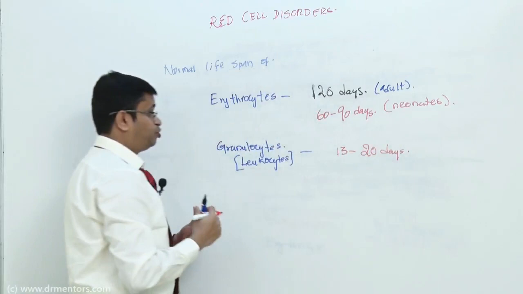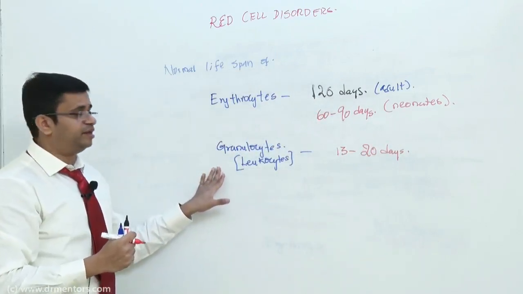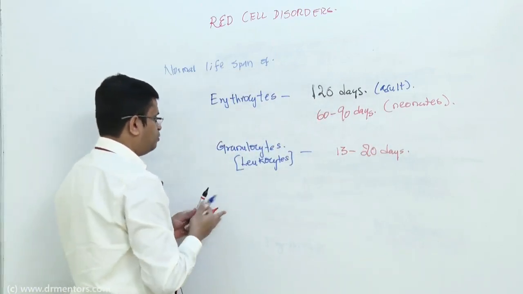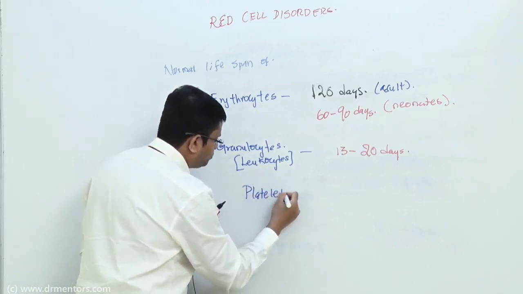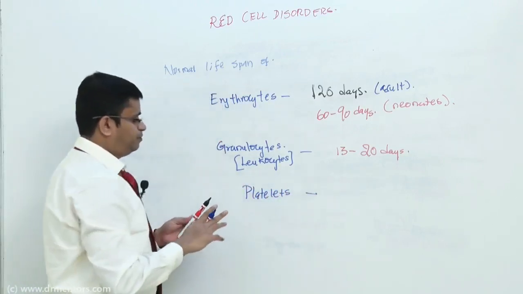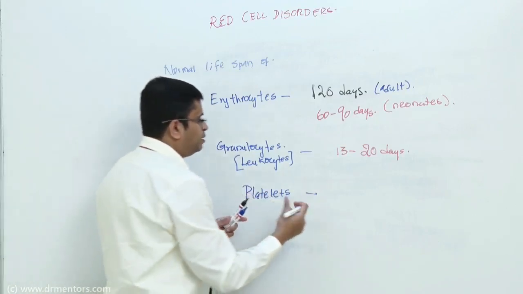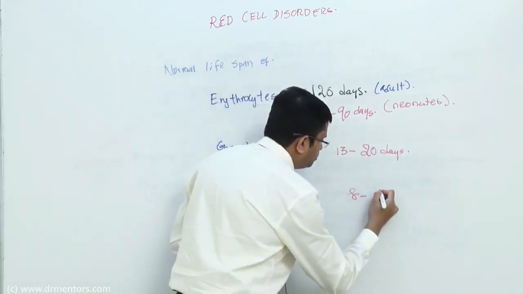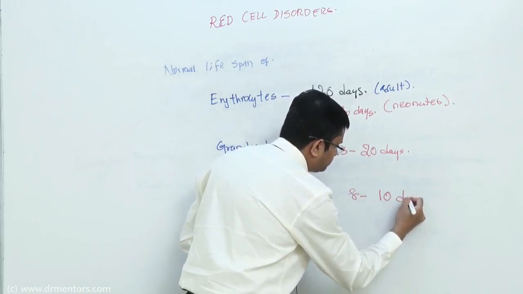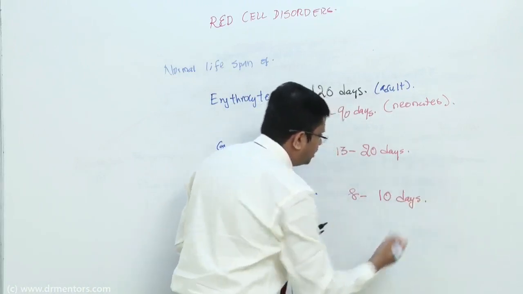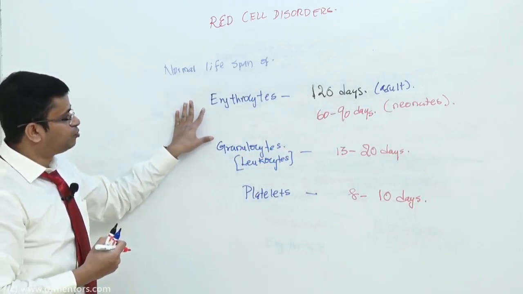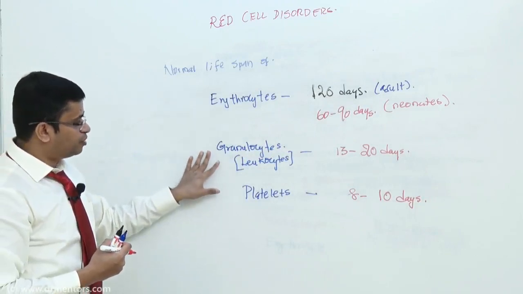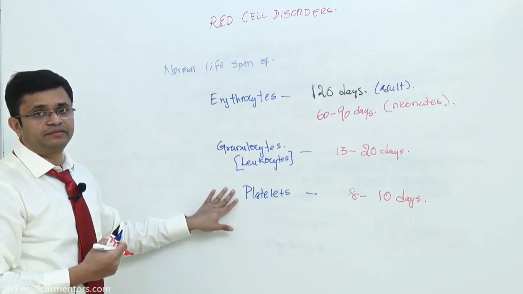That's an MCQ. Now what is the lifespan of platelets? That's a very important question. The answer is 8 to 10 days. So that's the usual lifespan of erythrocytes, leukocytes and platelets.